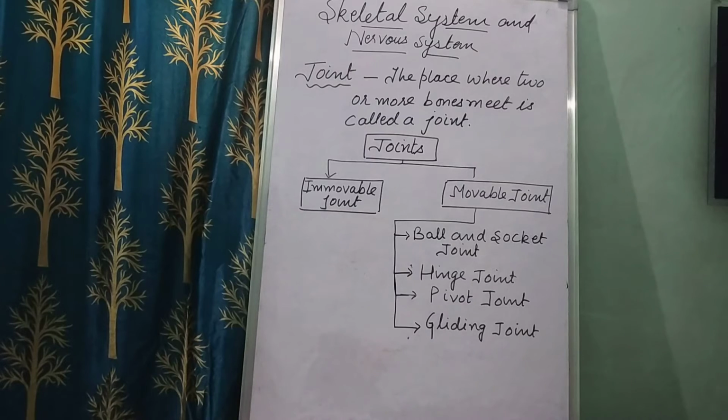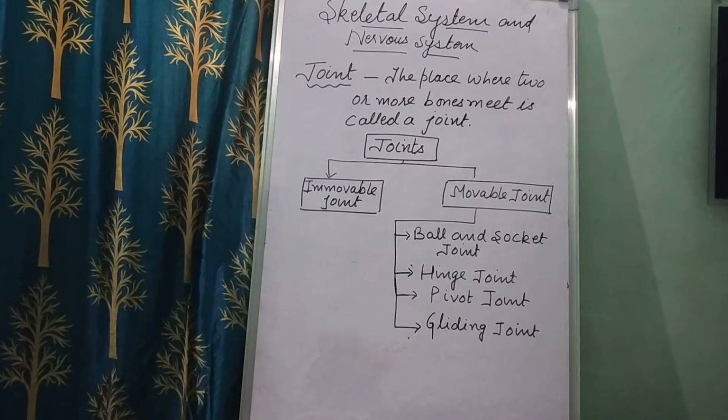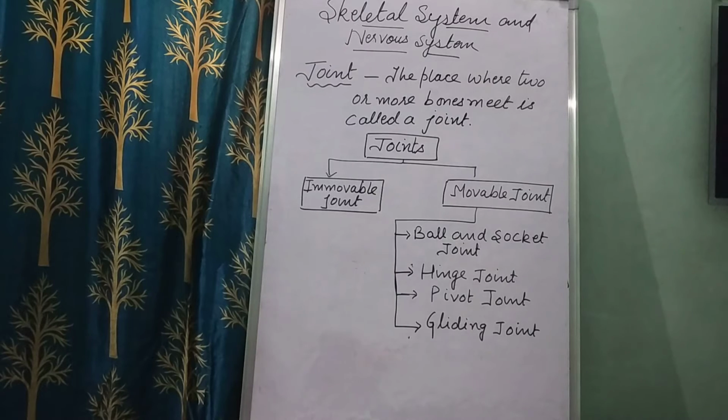All the bones are fixed. They cannot move. So they are having immovable joints. So children, the skull is an example of an immovable joint where the entire part of the skull remains fixed but we can only move the lower part of the jaw, which allows us to talk and eat.